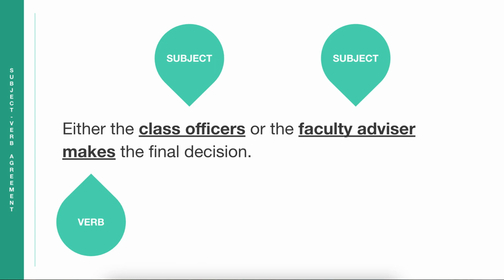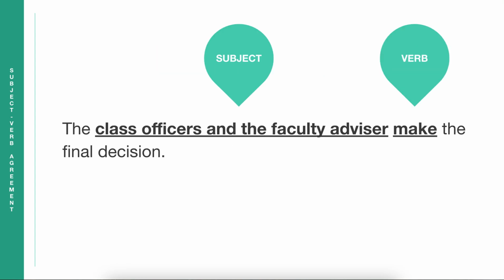Now you'll remember that if our verb is plural, our subject also needs to be plural, which means that we only have one S. Our S is at the end of the verb. We don't have an S at the end of our subject, faculty advisor. Therefore, this sentence is correct. We're going to ignore the class officers because we are making our verb match with the subject it is closest to because there is the word or between those two subjects.